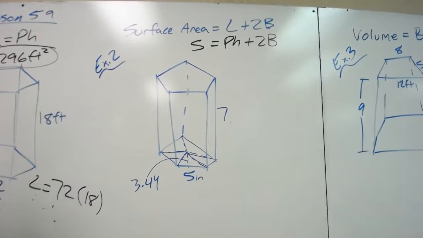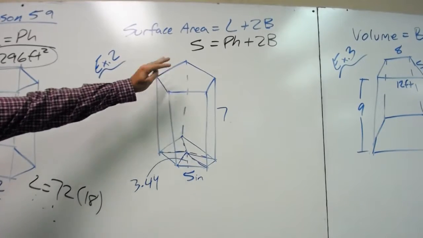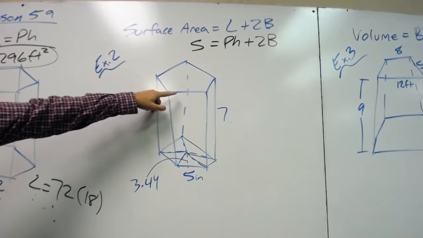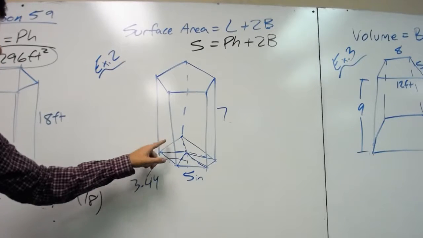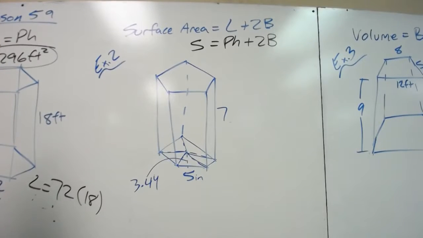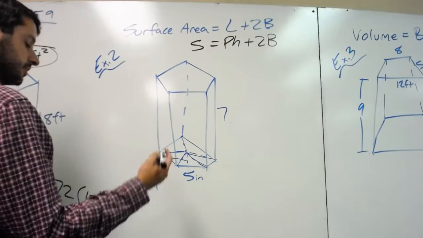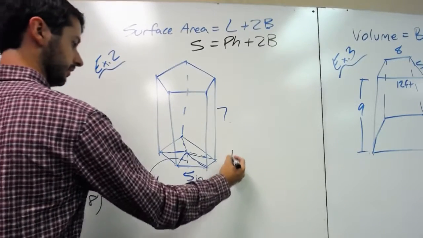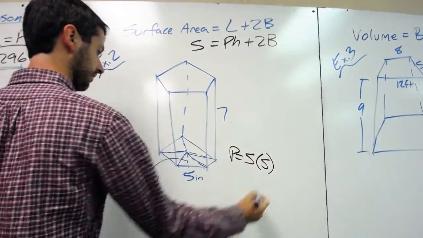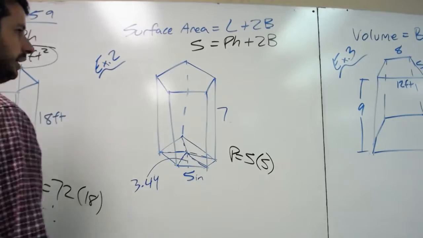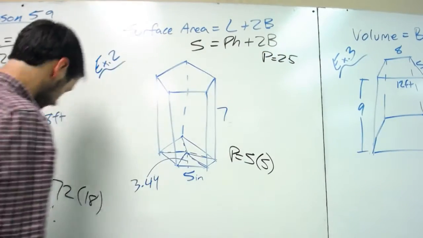So let's look at what we know. This is a pentagonal prism, and it's regular, and we know all the sides are 5. And I know this is a little bit off, but anyways, all the sides are 5. So therefore our perimeter equals 5 because that's our number of sides, times 5 because that's our measurement, and we would get P equals 25.